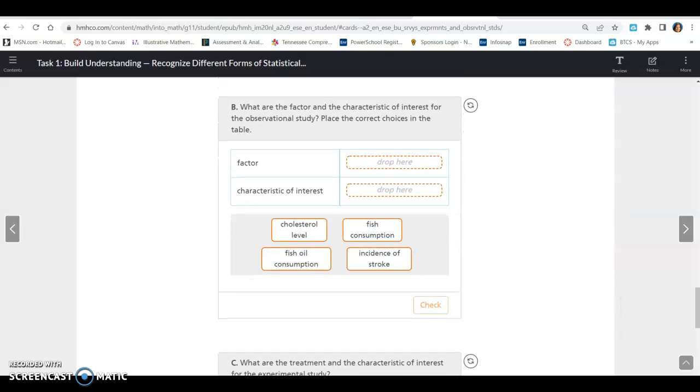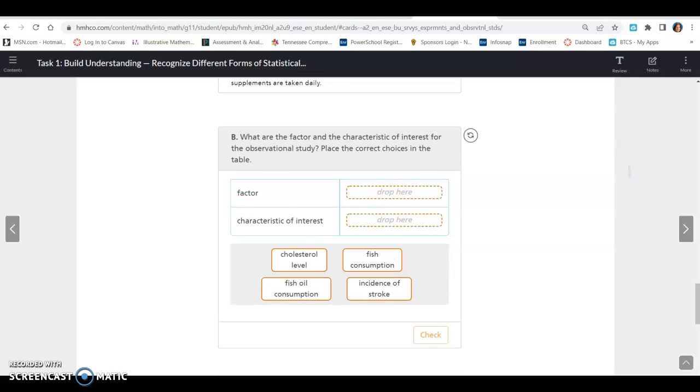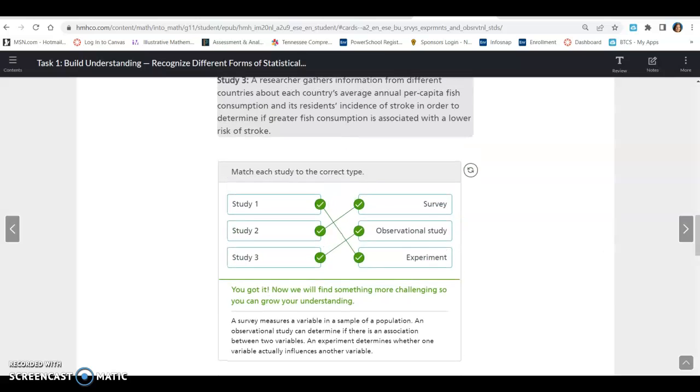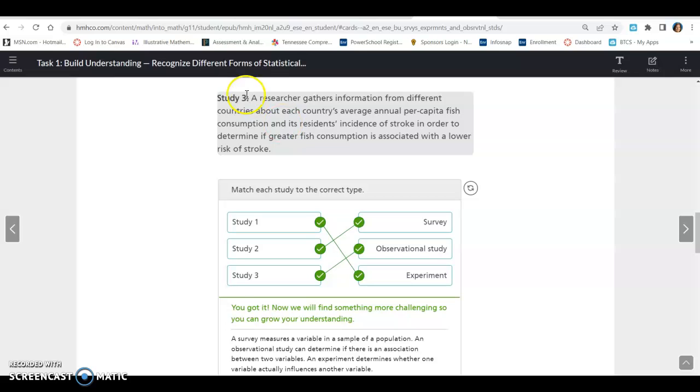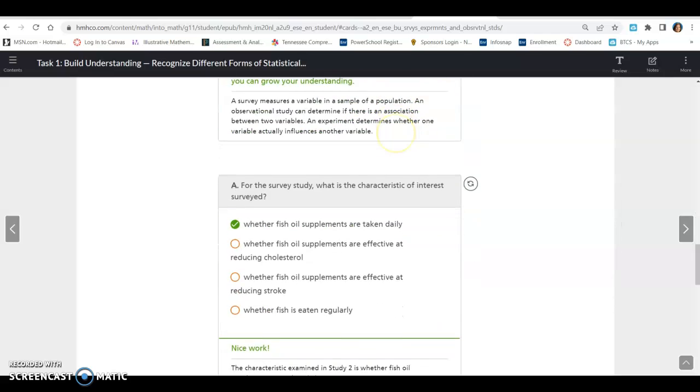All right, so it says, what are the factor and the characteristic of interest for the observational study? So the observational study, remember, is observe only. The observational study was study 3. So they gathered information from different countries about the per capita fish consumption and the incidence of stroke.